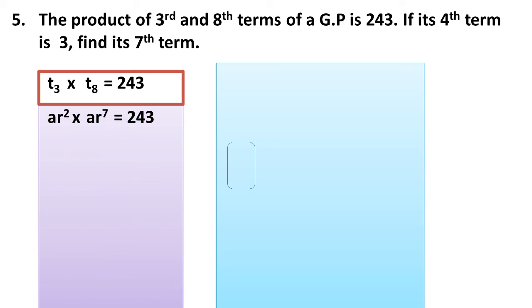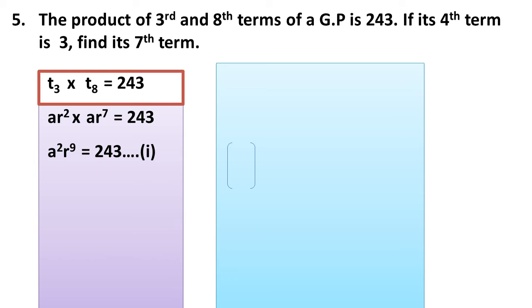T3 is AR square, T8 is AR to the power 7. It can be expressed as A square R to the power of 9 is equal to 243. Mark it as result number 1, hence it cannot be simplified.